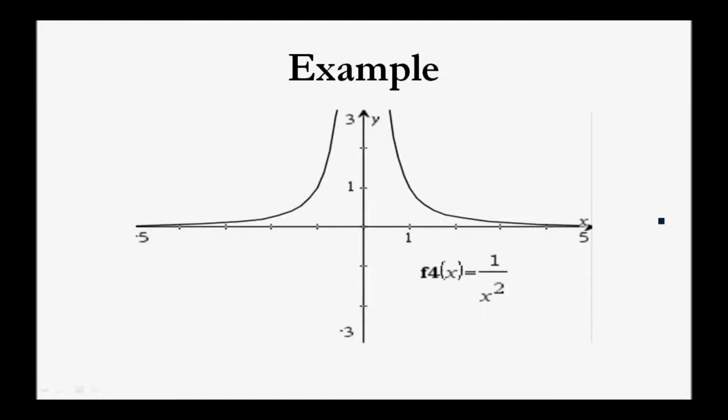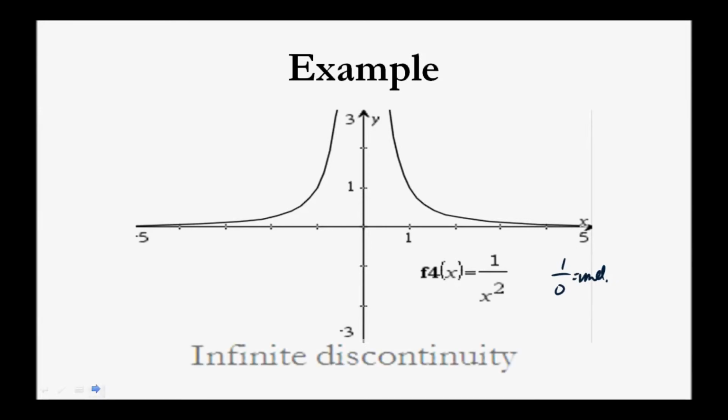And here f of c, if we replace x with 0, we get 1 over 0, which is undefined. And the result of this is discontinuity of the infinite variety.